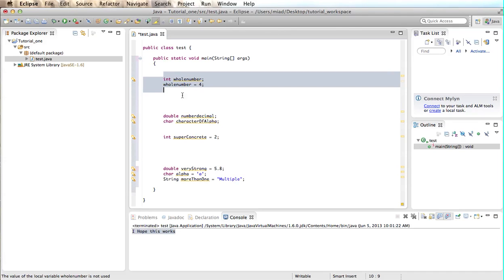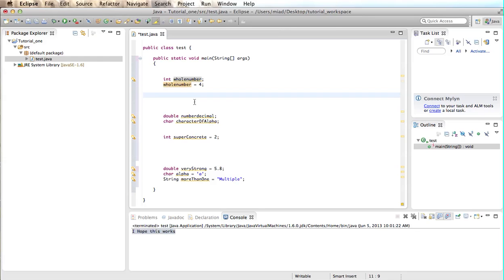This is exactly the same as what we were doing before. So before we were doing it in one line instead of 2. So we're saying, hey computer, we want to reserve some space, call it whole number, and we want to assign it the value of 4. And the computer's like, no worries.